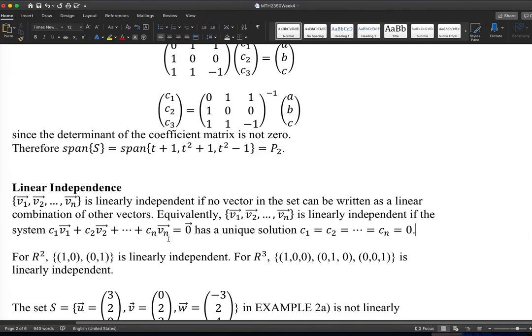So for example, for the two-dimensional space, we know those two vectors are linearly independent, and you can give it a try. And you cannot write one as a linear combination of the other. By the way, it is worth mentioning, if you are considering the linear independence of two vectors, basically you only need to check if one is a scalar multiple of the other.